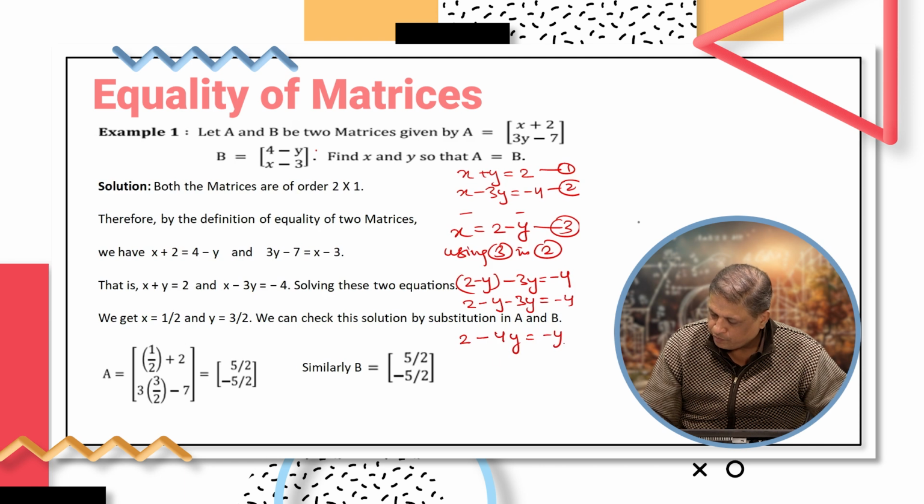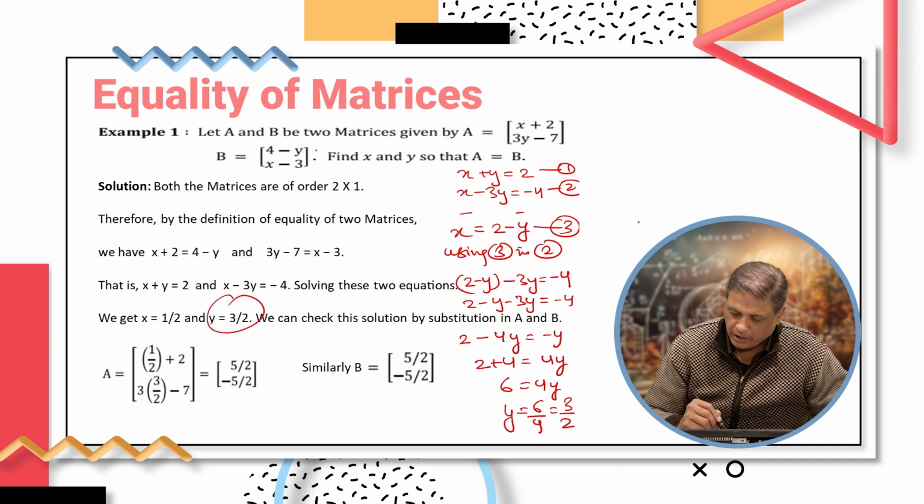That means 2 plus 4 is equal to 4y, so 6 is equal to 4y, that is y is equal to 6 by 4, that is 3 by 2. So y is equal to 3 by 2.